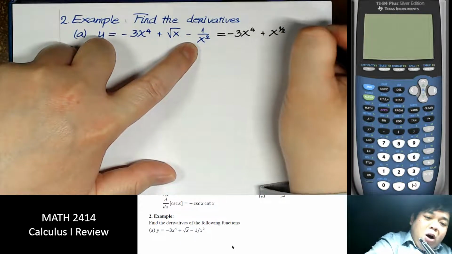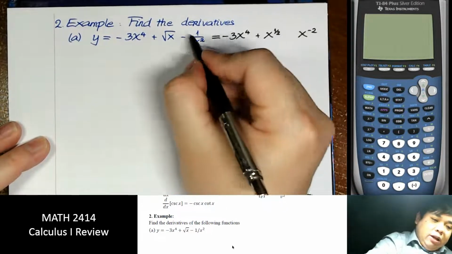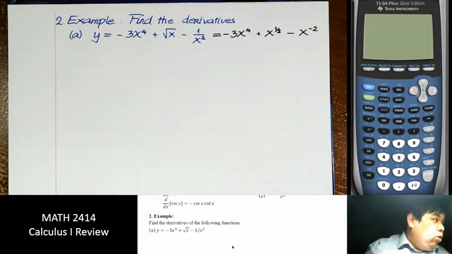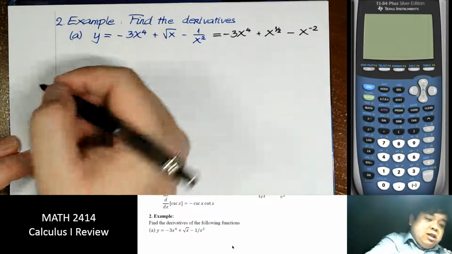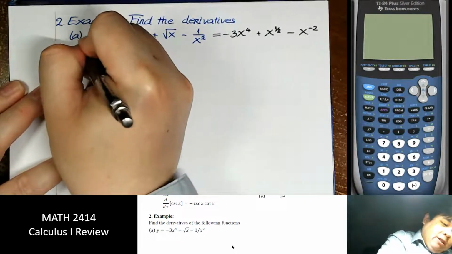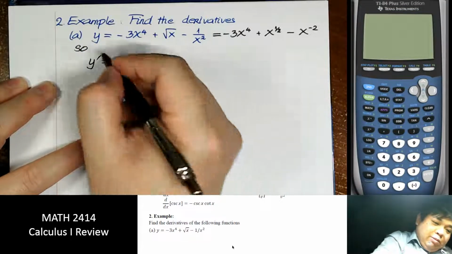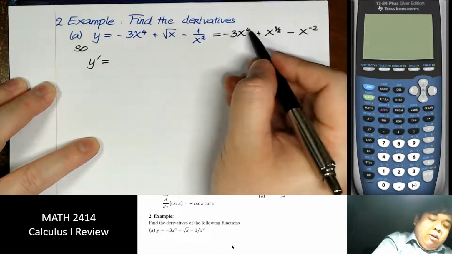Square root of x we should write as x to the 1/2, and the x squared at the bottom is x to the -2. So we have to rewrite everything as a power of x, and after that we can find the derivative. The derivative is: take the power down and the original power minus 1.